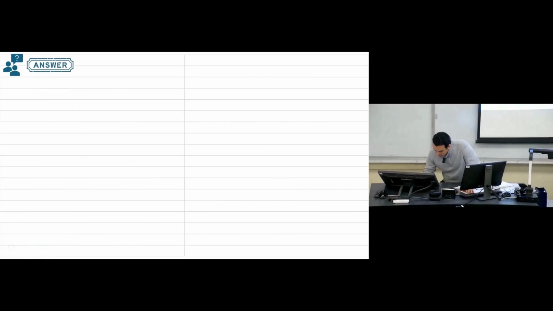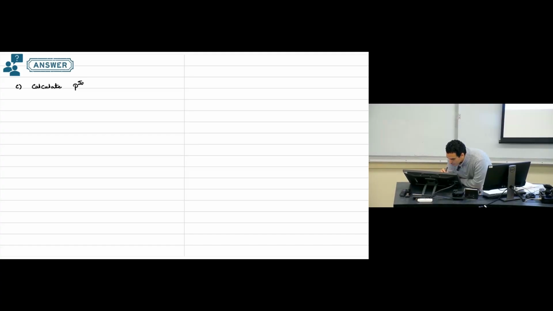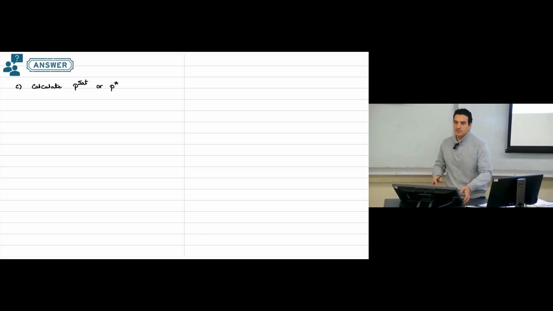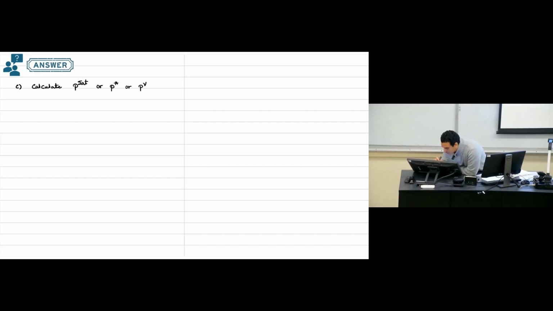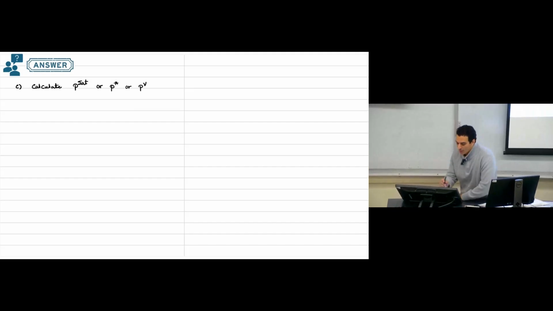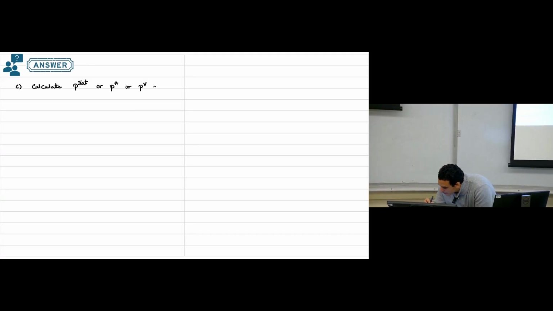We need to calculate the vapor pressure, P saturation. Some textbooks call it P star. So if you see P sat or P star, or even in some textbooks PV, vapor pressure, they are the same. Calculate the saturation pressure or vapor pressure at 300 Kelvin.